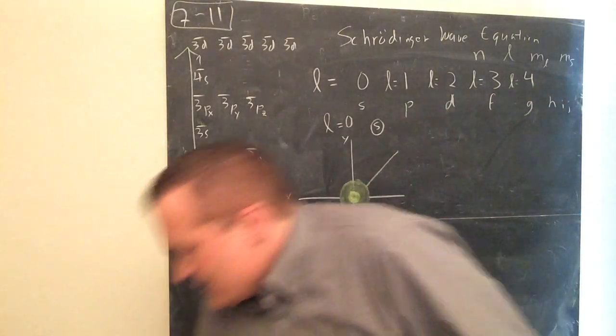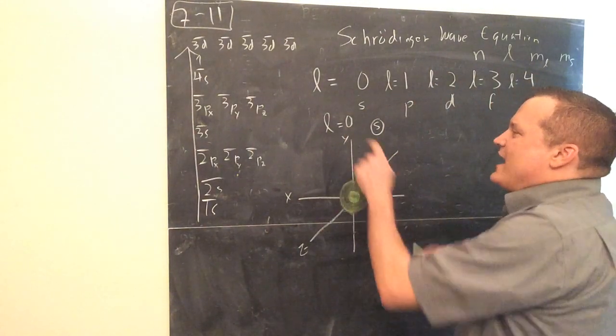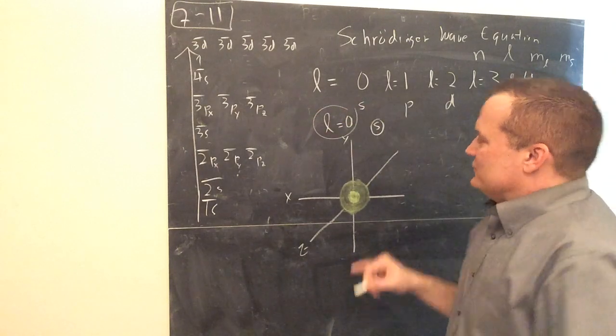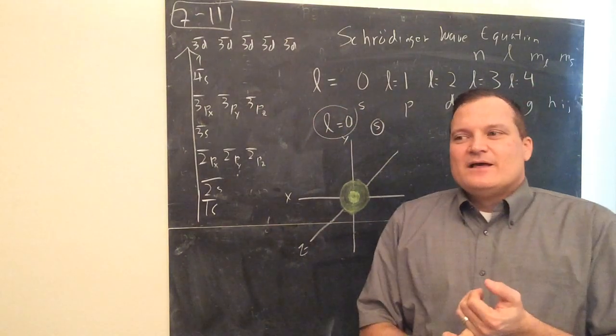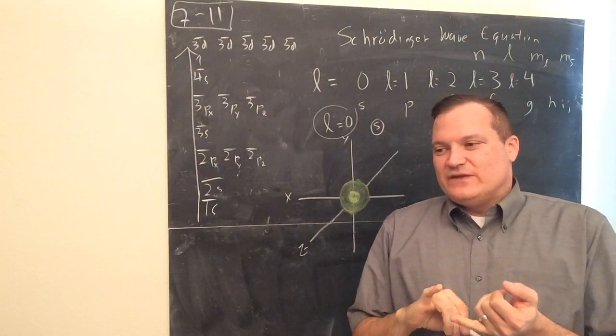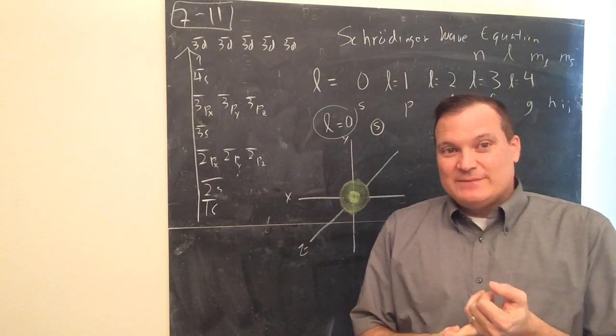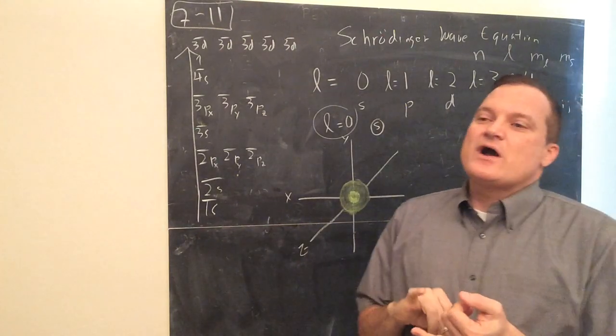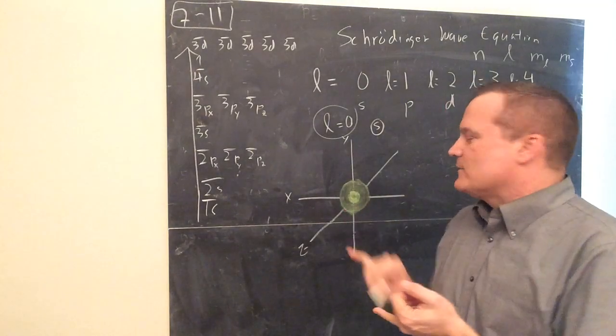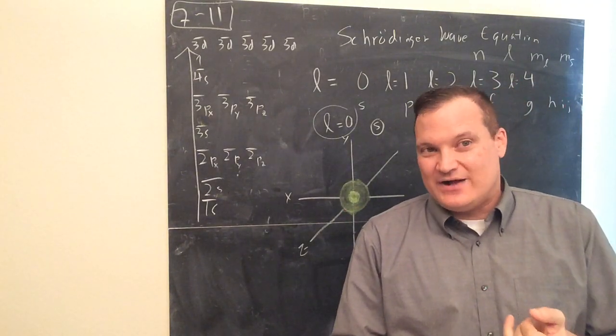This L value, according to Erwin Schrodinger, tells you the three-dimensional physical location where an electron in that orbital is most likely to be found.